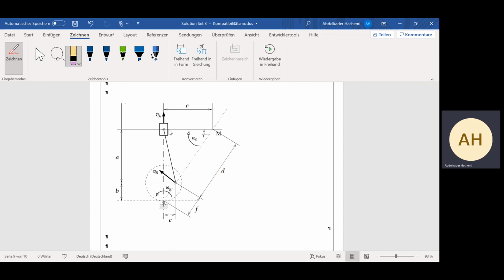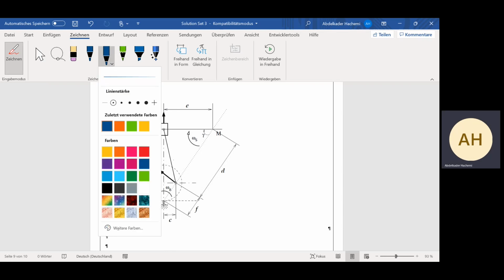What we have here is the velocity VR. We said we need only the line directions of two velocities, and from these velocities we can get the instantaneous center of rotation, or let's say the instantaneous center of zero velocity.